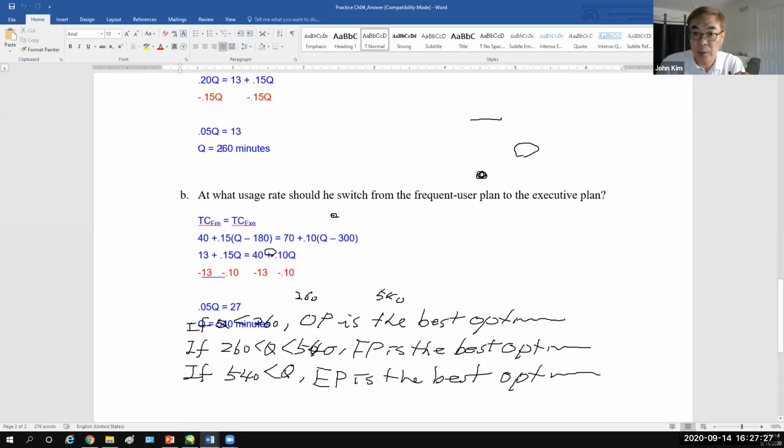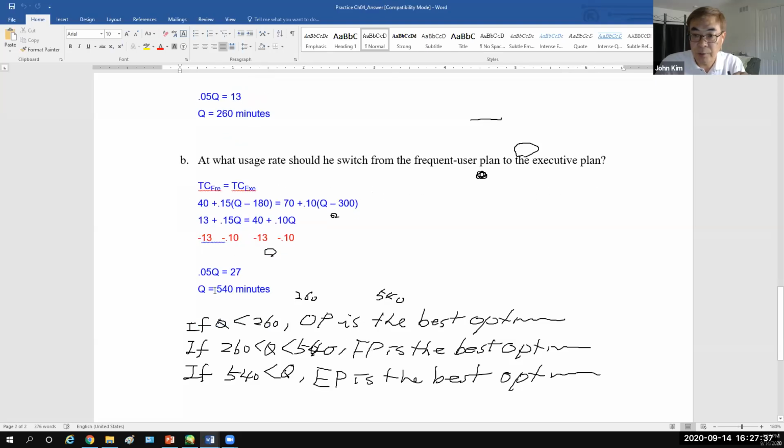So more than 260, then using frequent plan is better. And then at what usage rate should he switch from frequent plan to the executive plan? That is 540, because more than 540, executive plan is the best option.